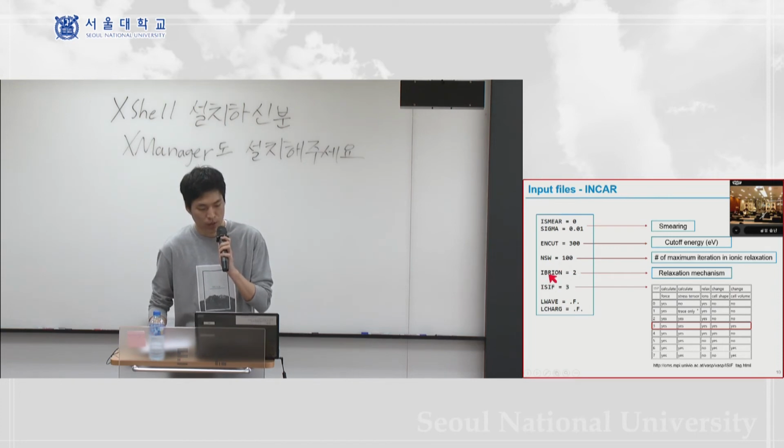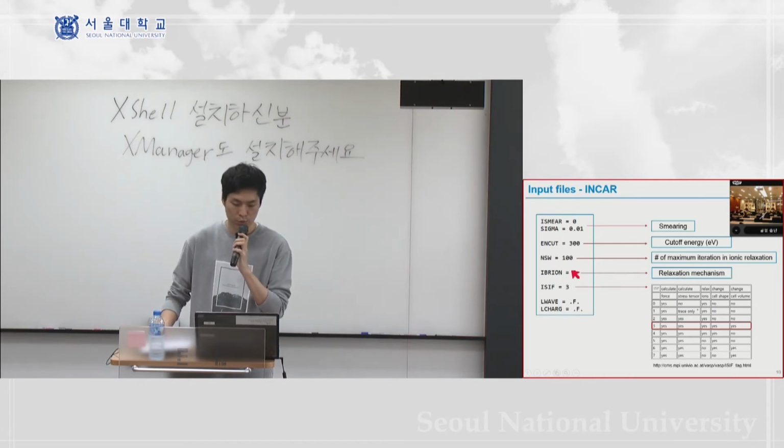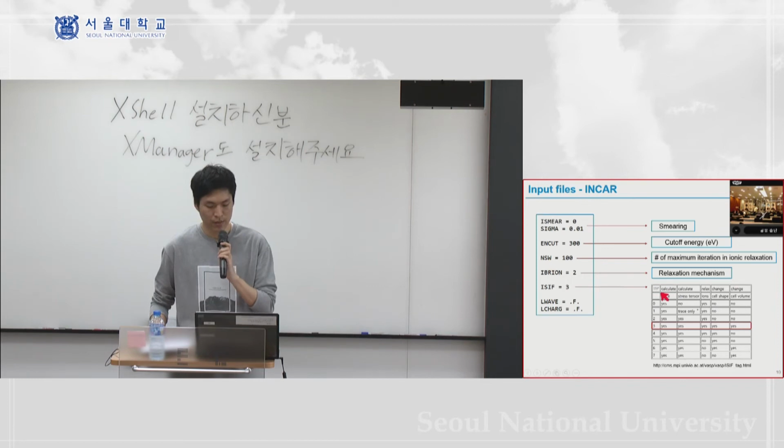IBRION indicates the relaxation mechanism. Here 2 means the conjugate gradient method, I think. And ISIF means how we are relaxing the system.